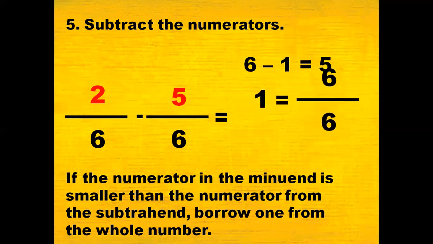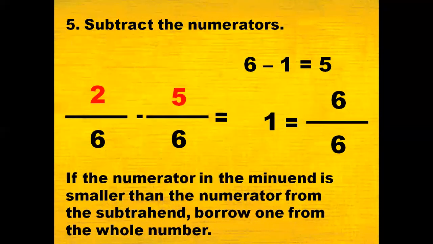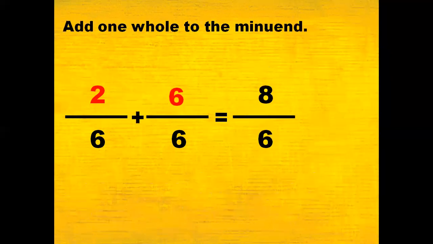And 1 whole is equivalent to 6/6, since the denominator of this similar fraction is 6. So add 1 whole to the minuend. Our minuend is 2/6. So 2/6 plus 6/6 is equal to 8/6.